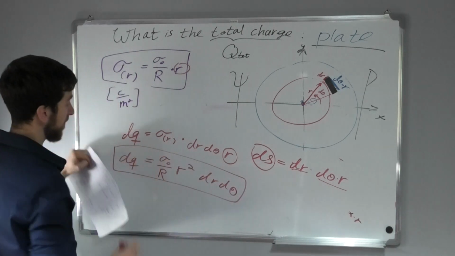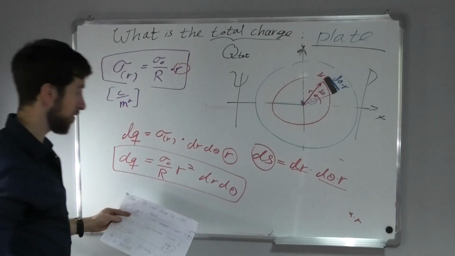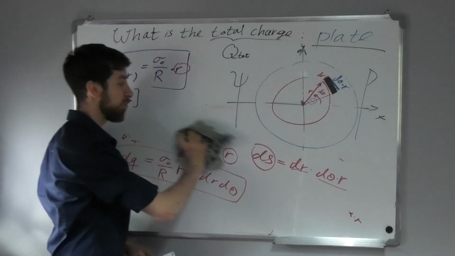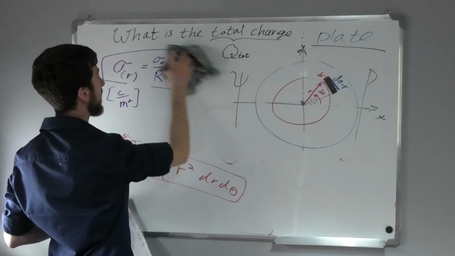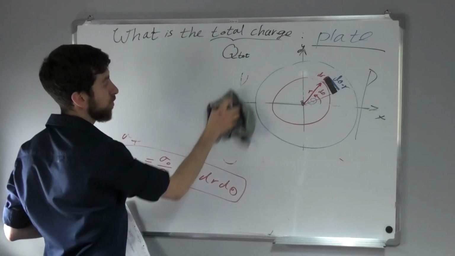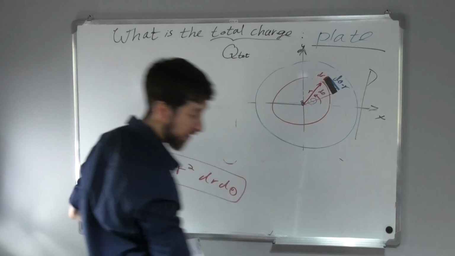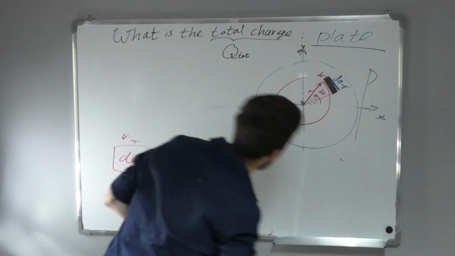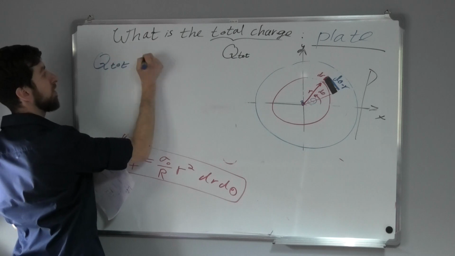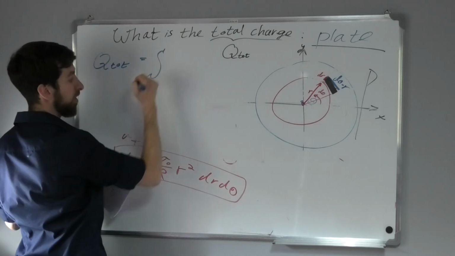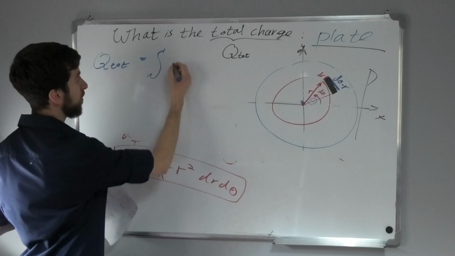This is perfect. I just found dq, which means I finished the idea of dividing into small chunks, small pieces. Now to find Q total, I need to obtain this integral, right? So Q total is equal to the integral of dq.